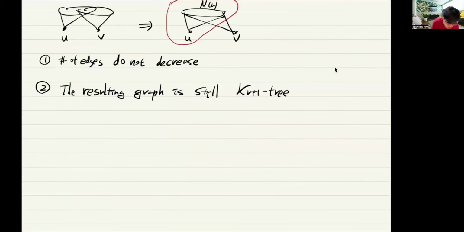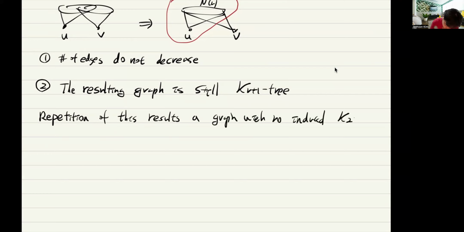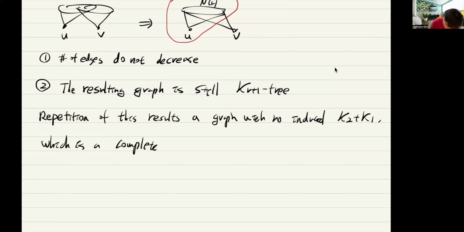Once we have these two, we repeat this. We get a resulting graph with no induced copy of K_2 plus K_1, which is a complete t-partite graph.